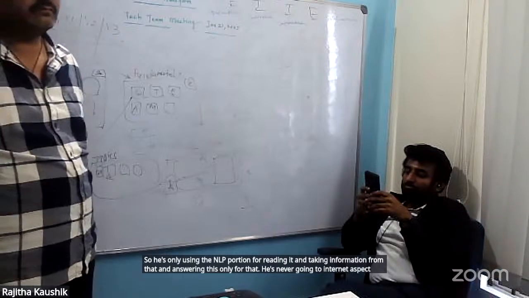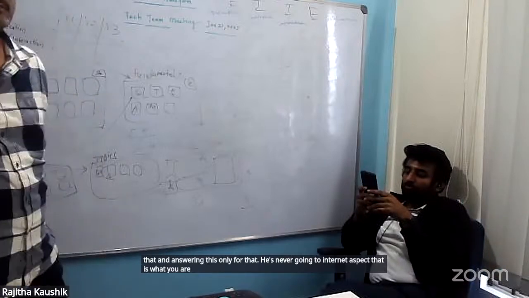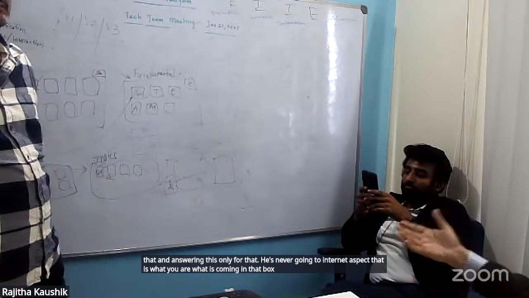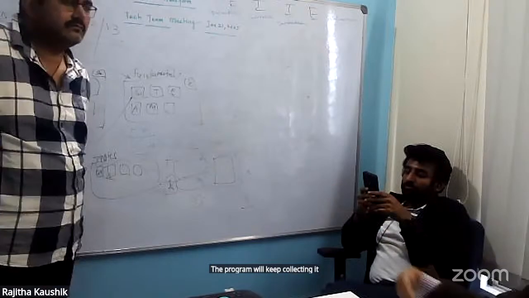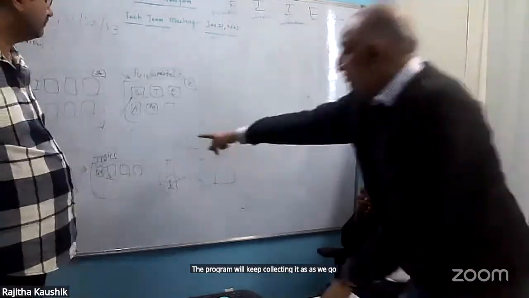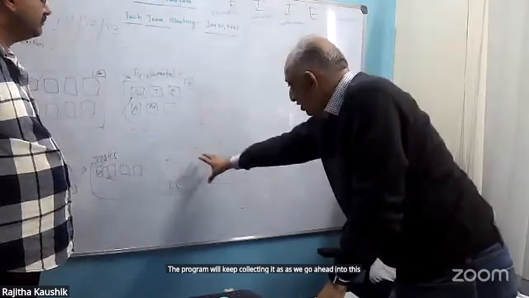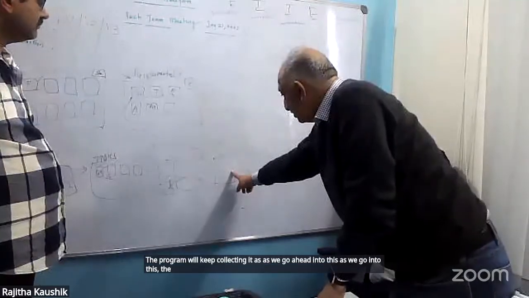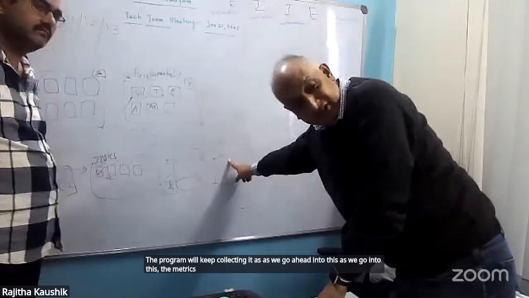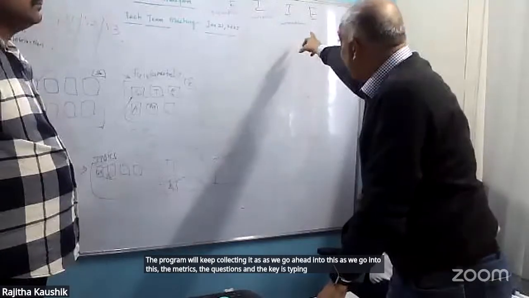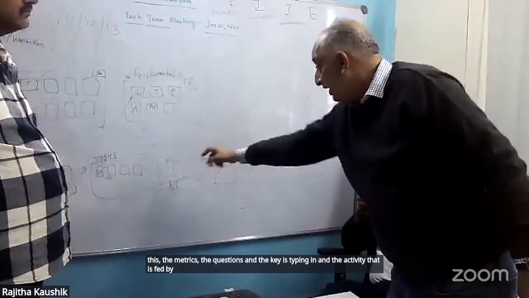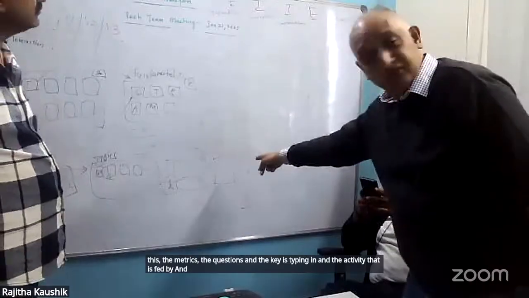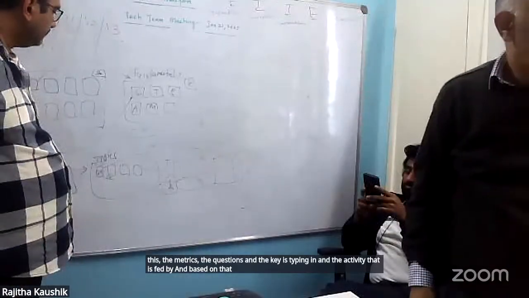But what is coming in that box, how will we capture it? That is the program. The program will keep collecting it as we go ahead: the metrics, the questions he's typing in, and the activity that is fed. Based on that, he'll answer.